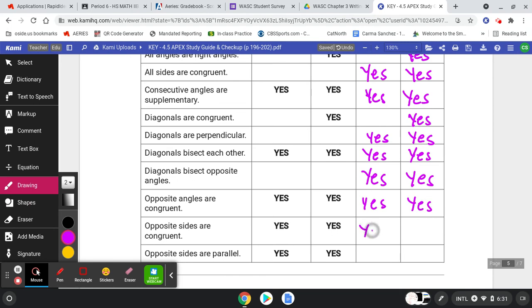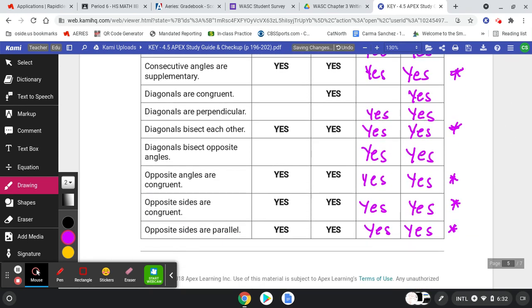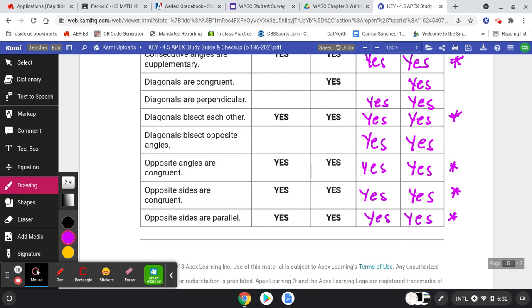Opposite sides are congruent is all 4. And opposite sides are parallel is all 4. So notice these apply to everything. And then there's the more specifics that have to do with our rectangles from yesterday and the rhombus and the square from today.